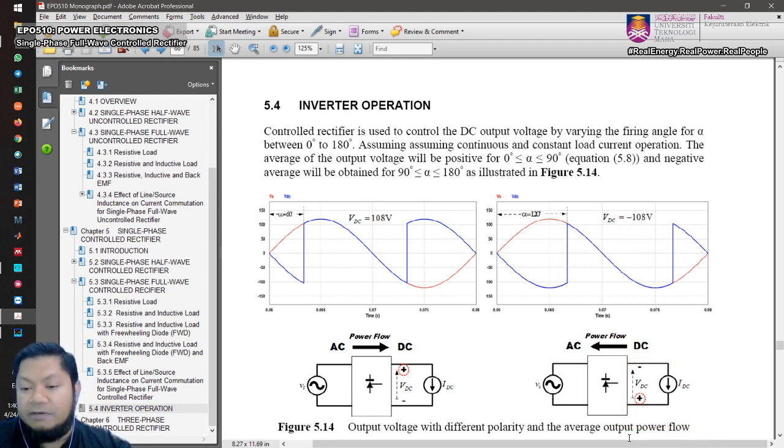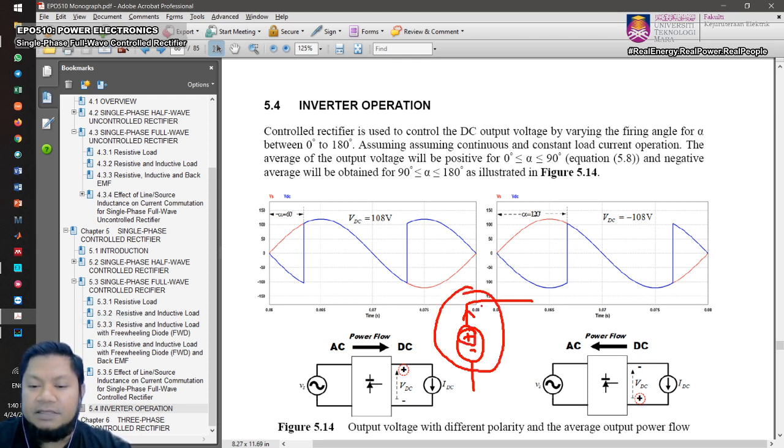So now the current flow is actually from DC to AC. If you think about a supply voltage here, plus minus, your current always leaves the positive terminal, isn't it? So that is your supply side.